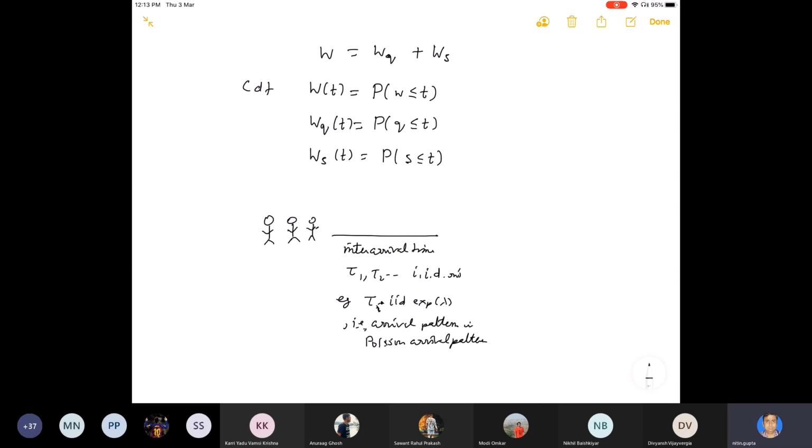So this is the inter-arrival time. In a particular case, they may be IID exponential. That means the arrival pattern is Poisson.